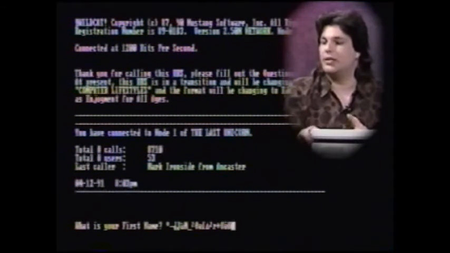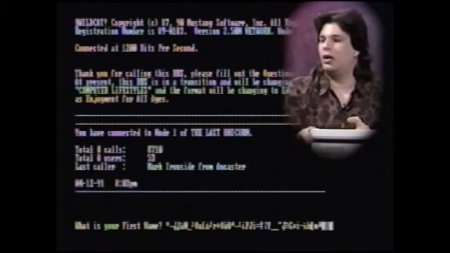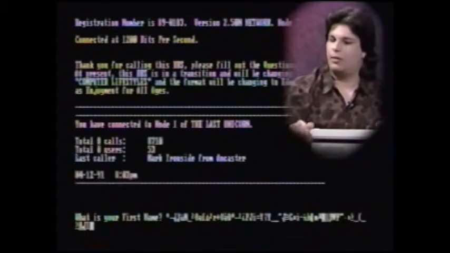Now, that's interesting. You see what happened down at the bottom of the screen? This is what they call a problem, because this is line noise that's going on the line. It asked me if I spelled my name correctly, and obviously I didn't spell it correctly. So it's giving me a second chance, so we'll put in Mark.